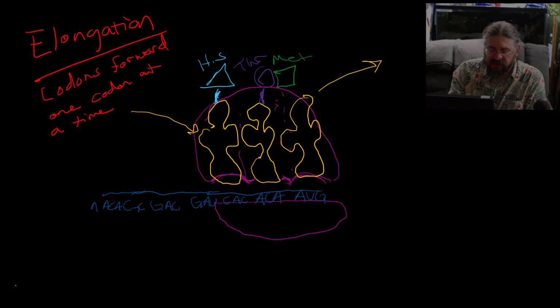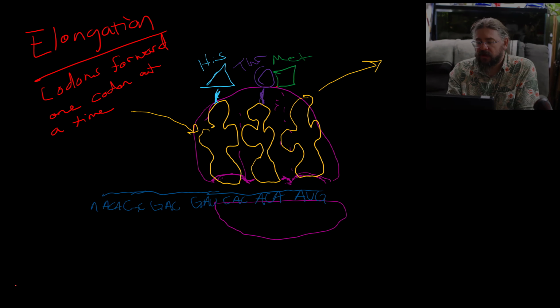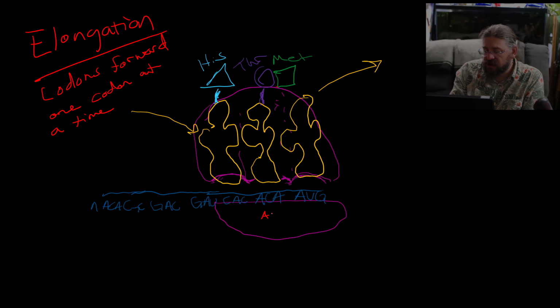And if that was gibberish, just look over here, right? Once we clicked forward, our original position was AUG, ACA, CAC, right? But then we clicked forward.